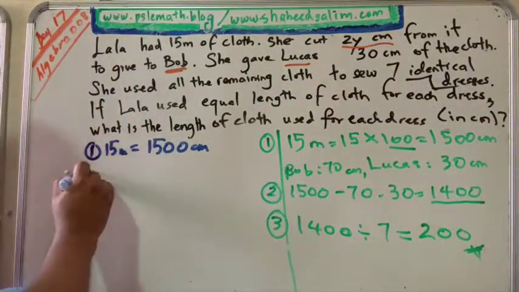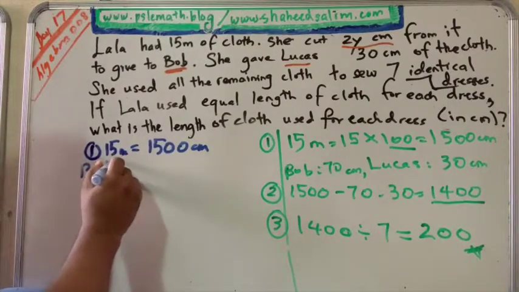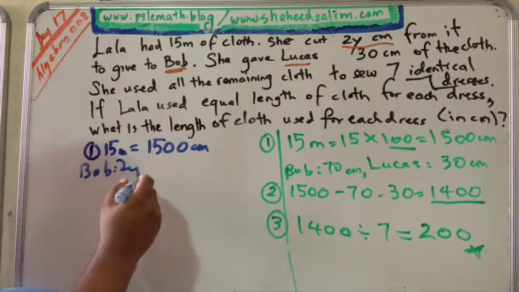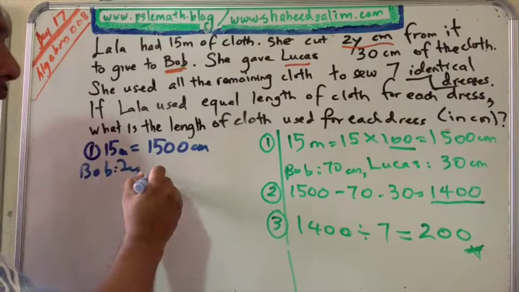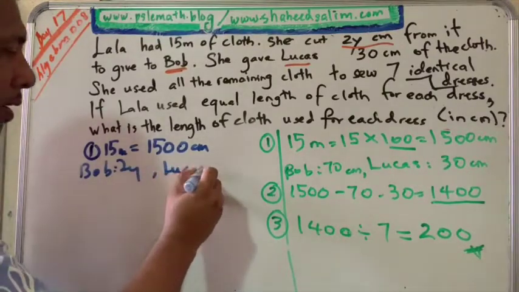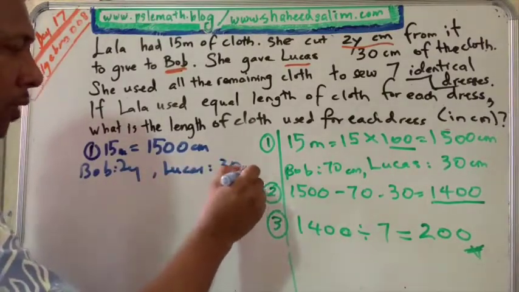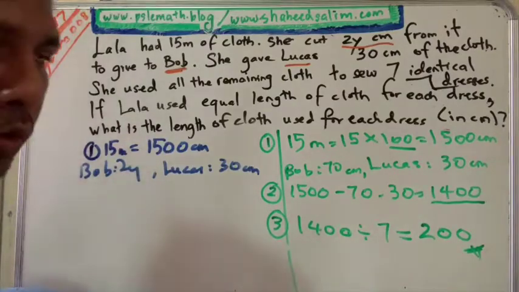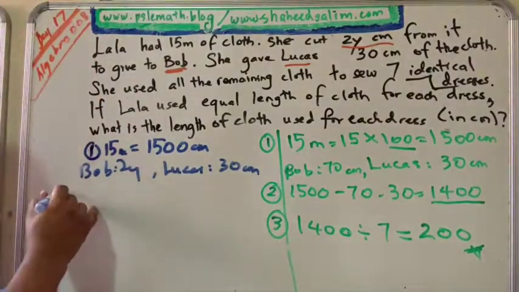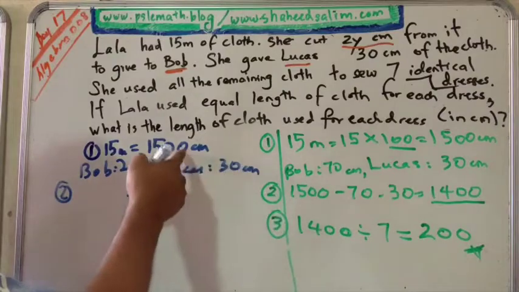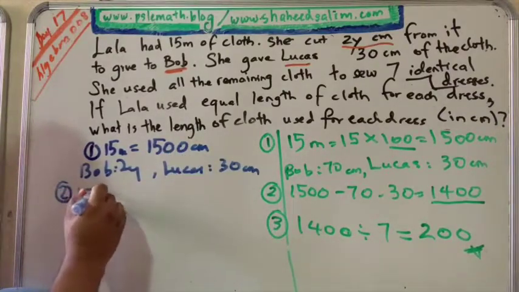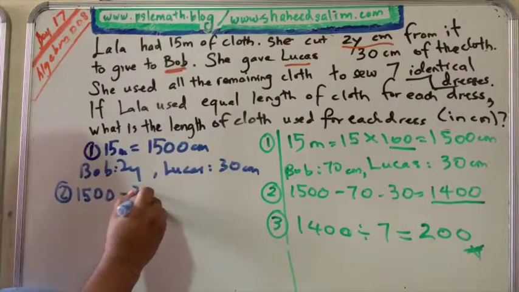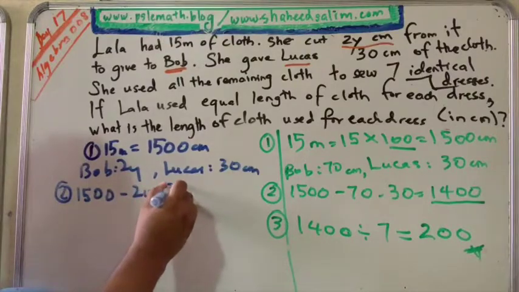So Bob has 2y cm of cloth, and Lucas has 30 cm of cloth. Alright? So what do we do? Step 2. Step 2 states that we take 1500, the amount of cloth, minus 2y and minus 30.